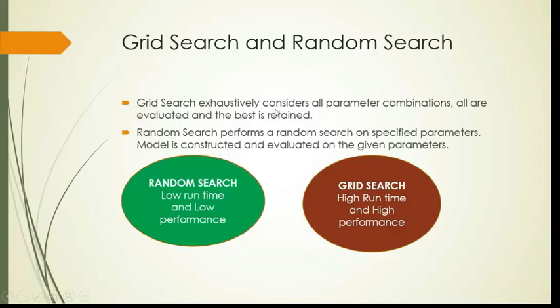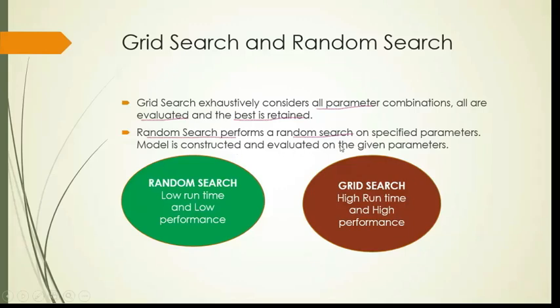Now moving on to grid search and random search. Grid search exhaustively considers all the parameter combinations, they are evaluated, and the best is retained. Random search performs a random search on specified parameters, and then the model is constructed and evaluated on those parameters.